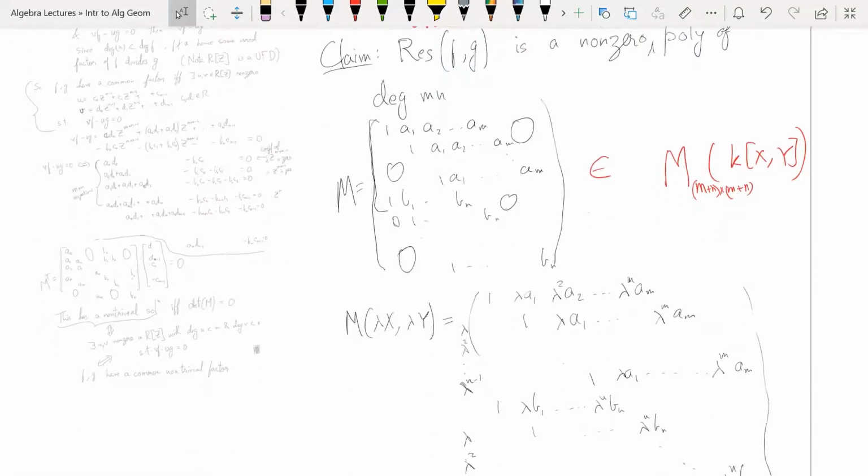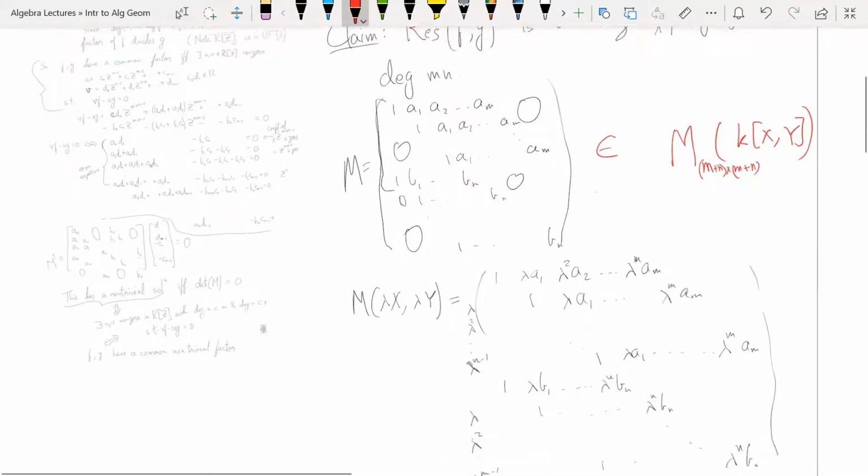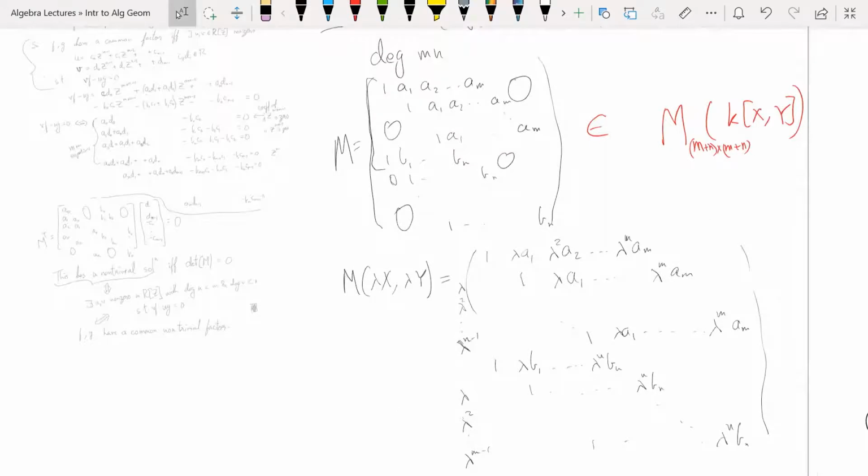And so on. So we get this matrix where we have these factors.